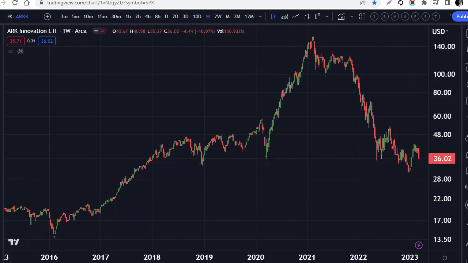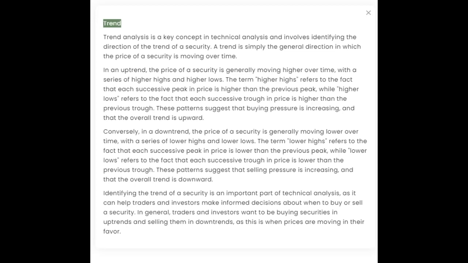So let's continue. Trend. Trend analysis is a key concept in technical analysis and involves identifying the direction of the trend of a security. A trend is simply the general direction in which the price of a security is moving over time. In an uptrend, the price of a security is generally moving higher over time, with a series of higher highs and higher lows.